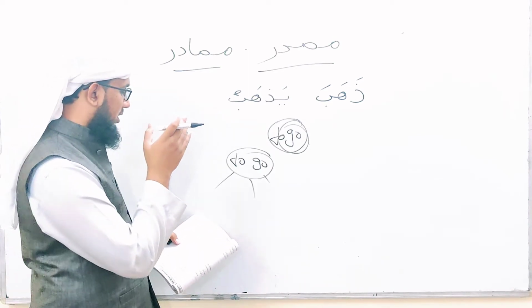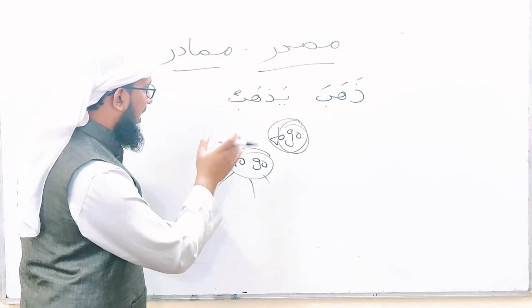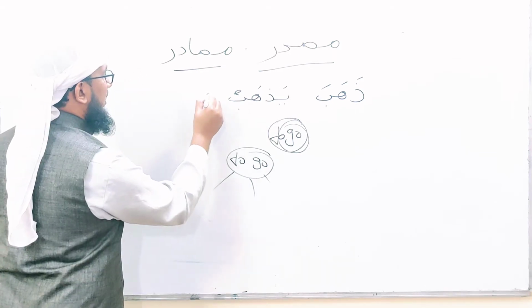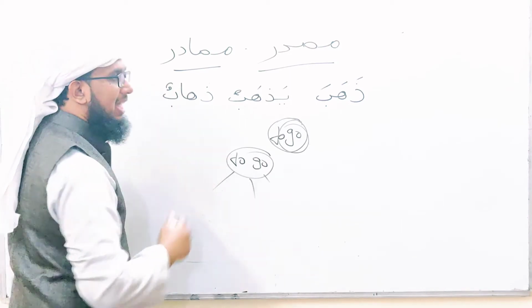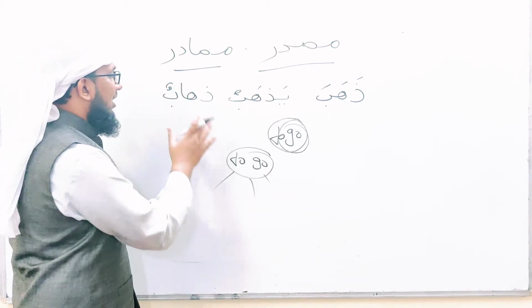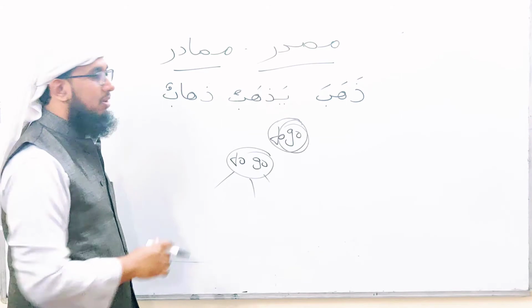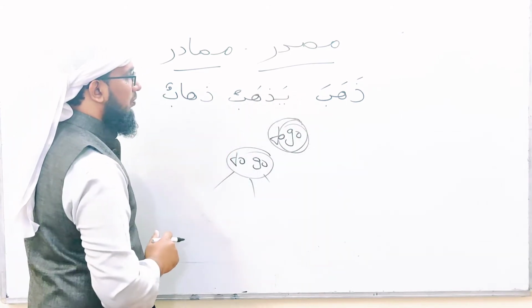So the masdar of zahaba yadhabu is zahabun or zahaban. Okay, this is the masdar. From this we get zahaba or yadhabu.